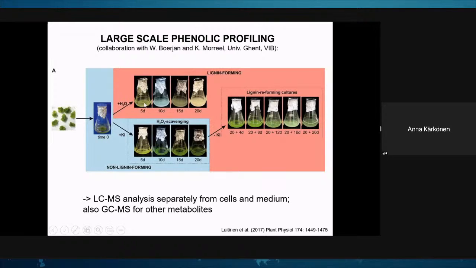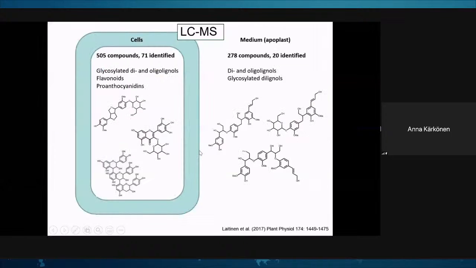You can see that in control conditions, the extracellular lignin is visible after 10 days. And in this experiment, they were cultivated up to 20 days. The cells remained alive. Whereas in iodide-treated conditions, there was no extracellular lignin up to 20 days.